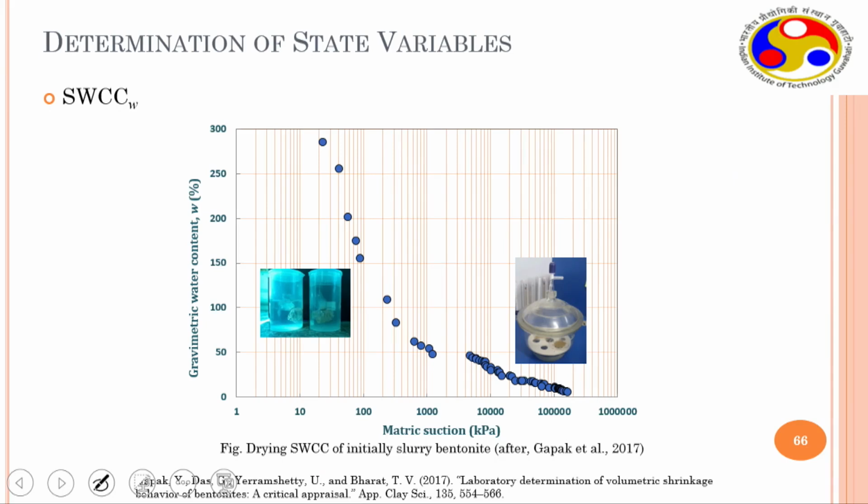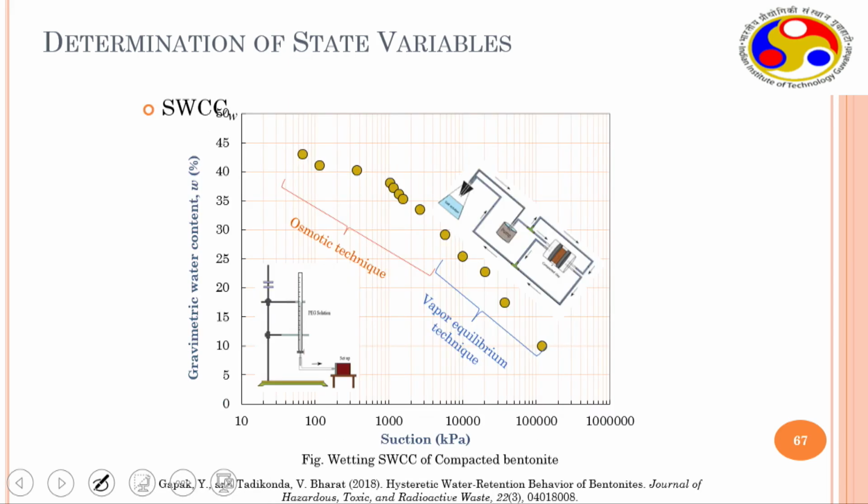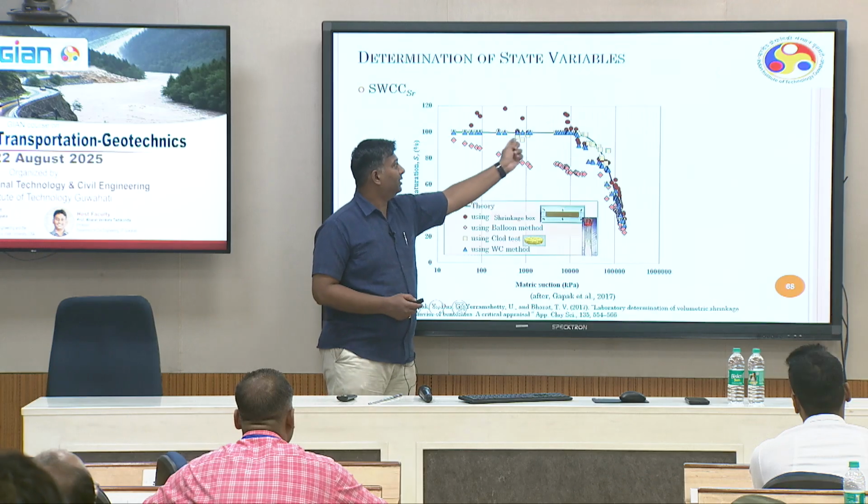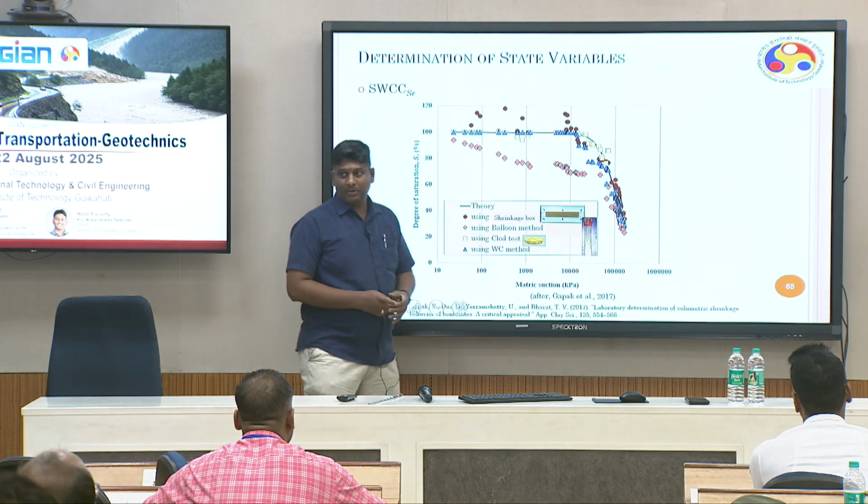These are the data on a bentonite sample, starting from slurry state. When initially the slurry state was kept, we analyzed, and these are the readings we got when we merged with the VSC, the volumetric shrinkage curve. I showed different methods in the morning, I think, right? We found that the Claude method is the best method, and we got very good data for the bentonites.